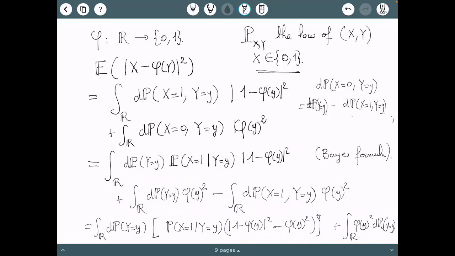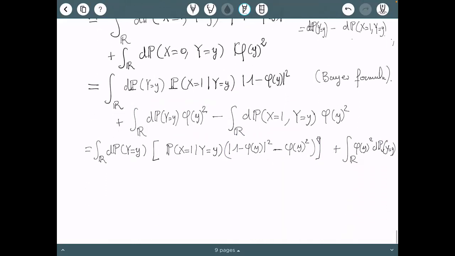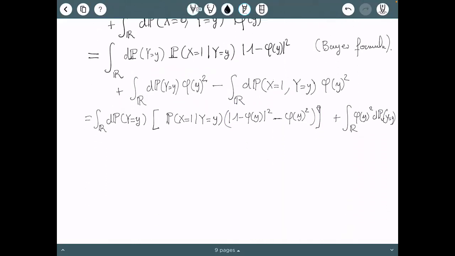Now, if I continue like that, I can rewrite it as the integral over R of dP_Y(y). This is fixed, because Y is fixed and X is fixed, so I cannot choose it. The unknown is phi, which is minimizing this expression.